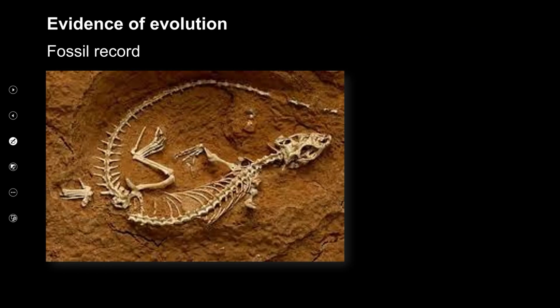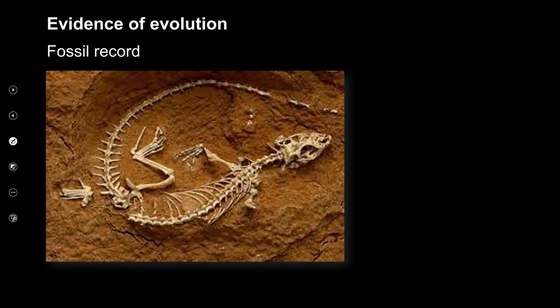Here we see a diagram of an excavation where a fossil is emerging out of the rock layer. It becomes quite an intense and complicated process to actually get the fossil out of the rock, because you don't want to damage the bones.